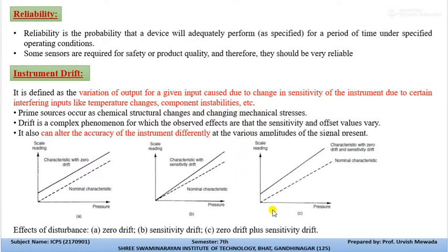Over here with sensitivity drift, the drifting at zero is minimum, but sensitivity drift is there. So you can see it starts from this point, and after that the span between these two readings is changed. That is called the drifting response of the instrument.